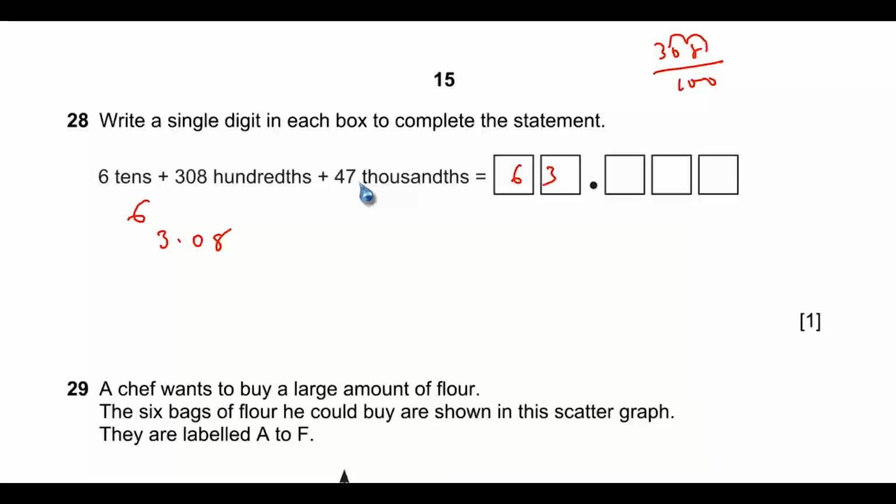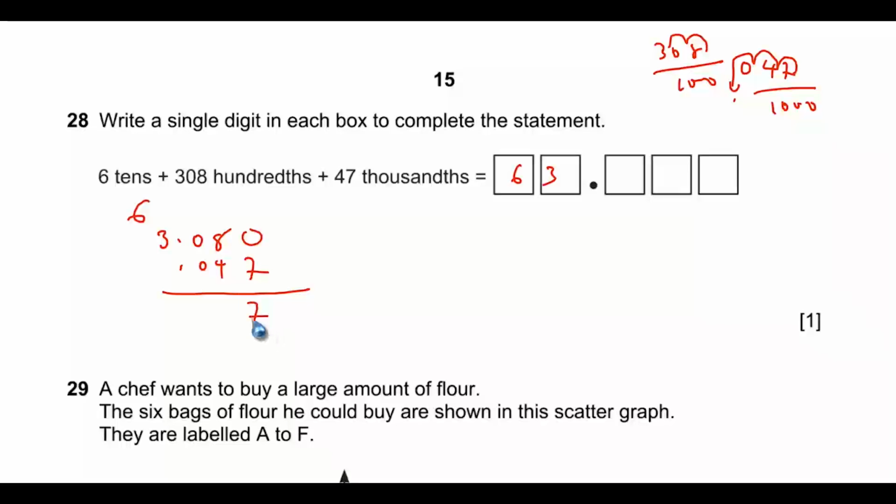Then I have 47 thousandths. That will be 47 divided by 1,000. So it will be 1, 2, 3. The decimal point will be here, so you fill this up with 0. That means I have 0.047. If I add this together, you can put 0 here just to complete this, or you can leave it without writing the 0 there.